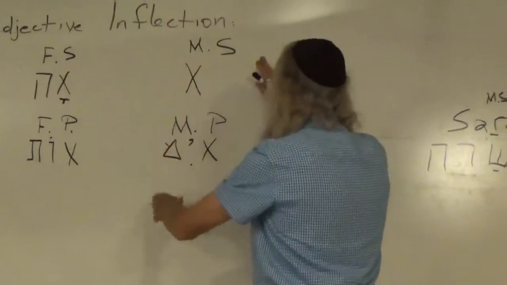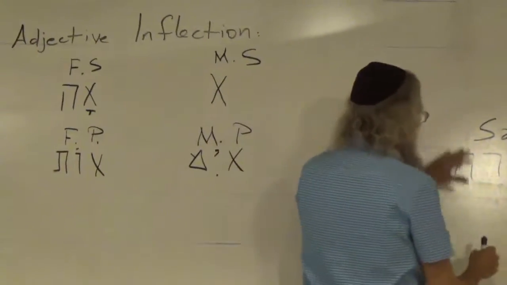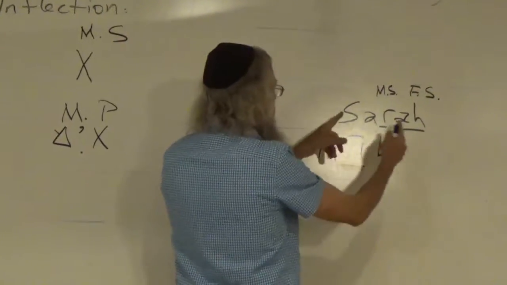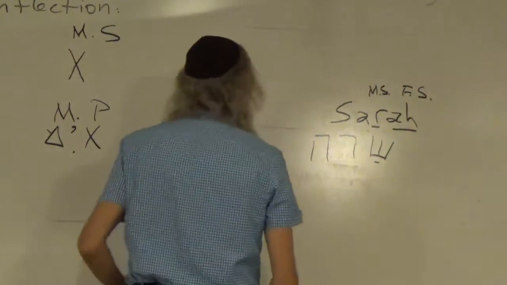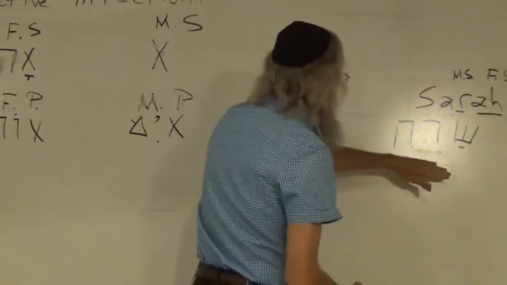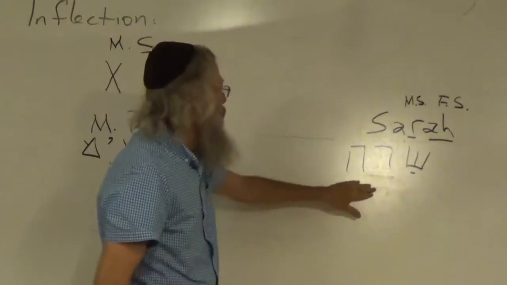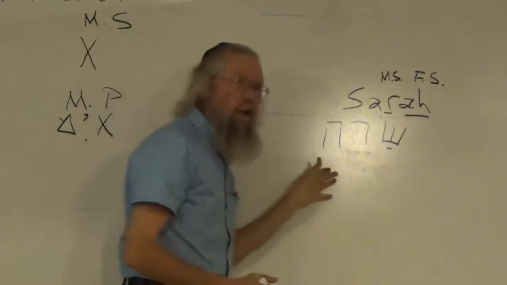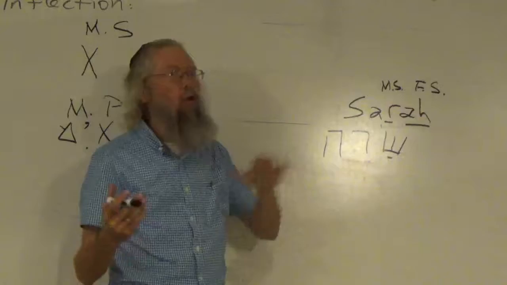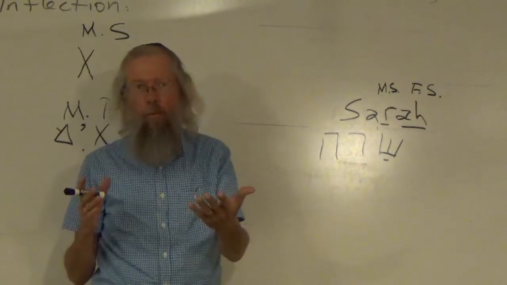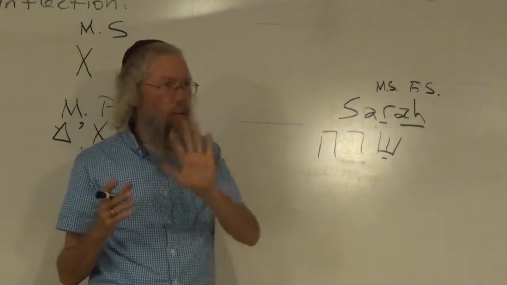So you have the masculine singular, you have the feminine singular. You have the he. So when you add the he, that is an inflection to the root. You've made an inflection. You've made a change to the root. Got it? From male to female.